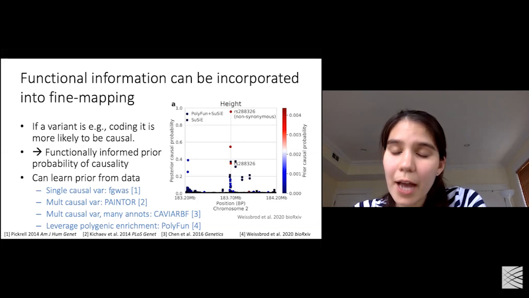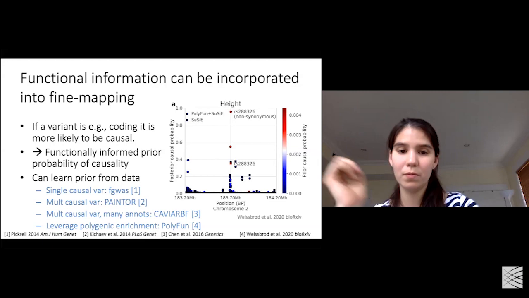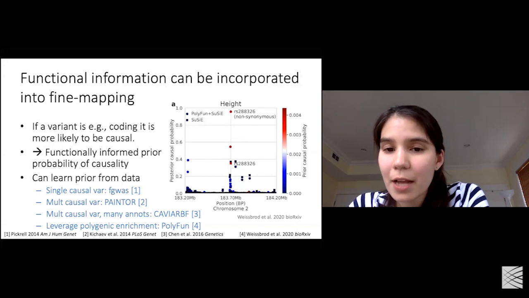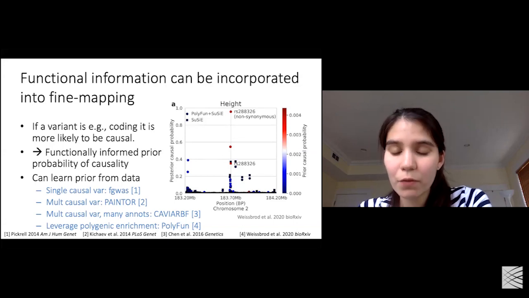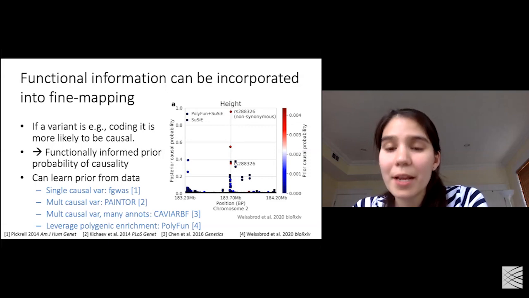Looking only at the squares, none of the PIPs are bigger than 0.4, and this rs288326, the red square, gets a PIP somewhere below 0.4. But that particular variant turns out to be non-synonymous, and so the functionally informed fine mapping results, displayed in circles here, upweight that in the prior.